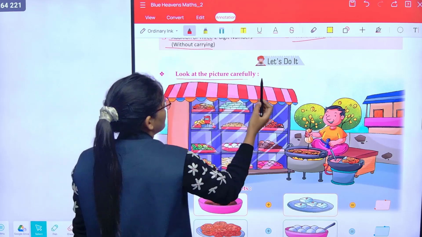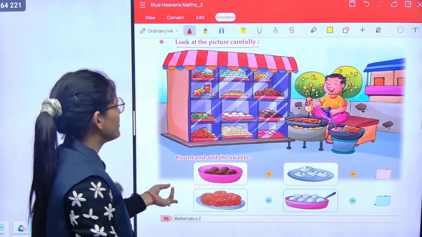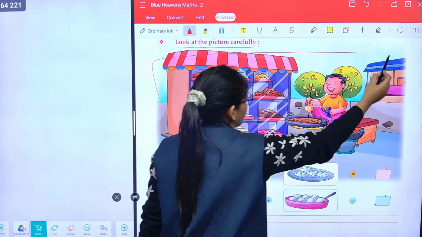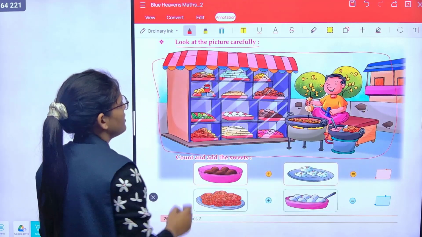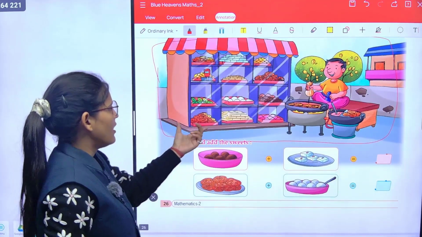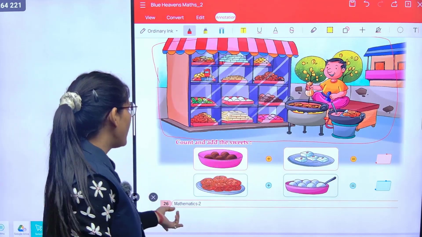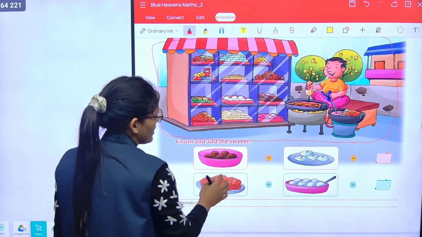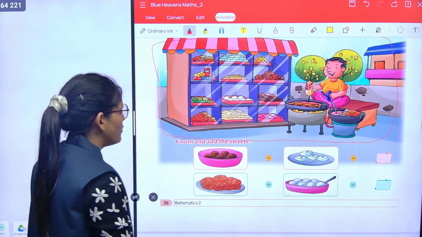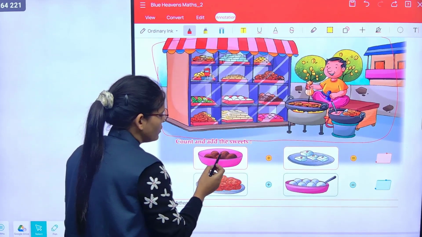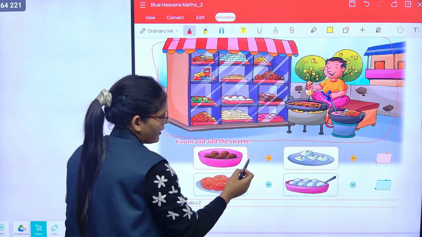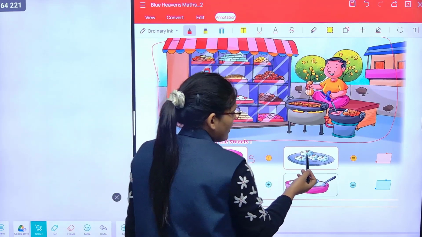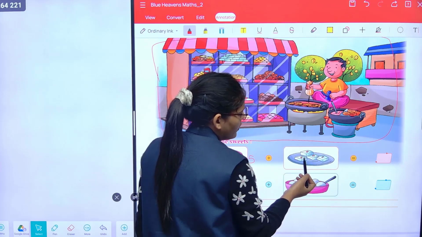Class, look at the picture carefully. This is a shop of sweets. There are many sweets. Now count and add the sweets. This is a gulab jamun. We count 1, 2, 3, 4, 5, and there is another sweet, 1, 2, 3, 4.